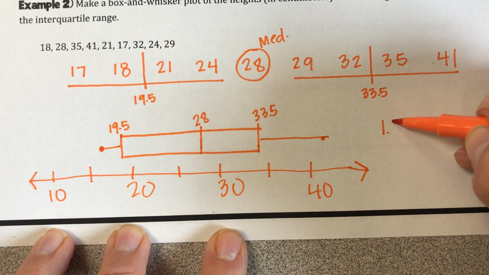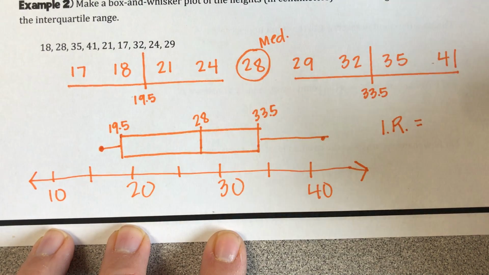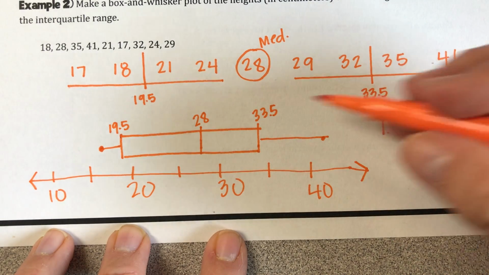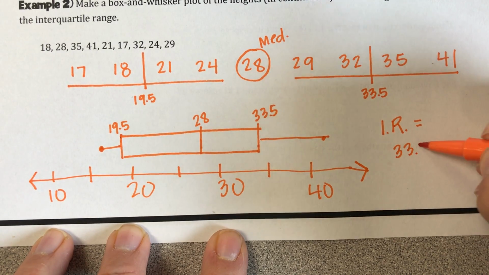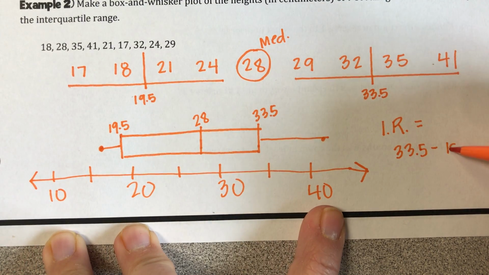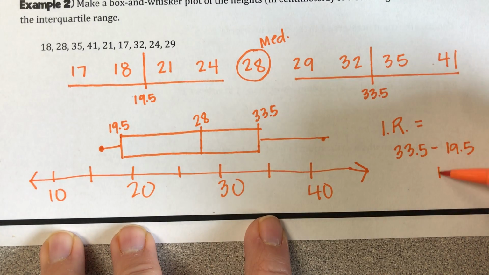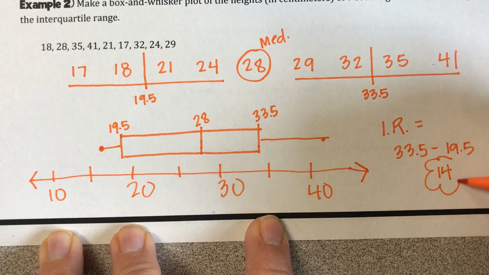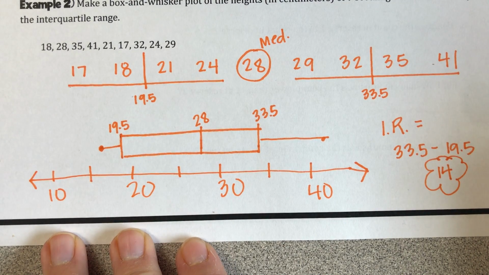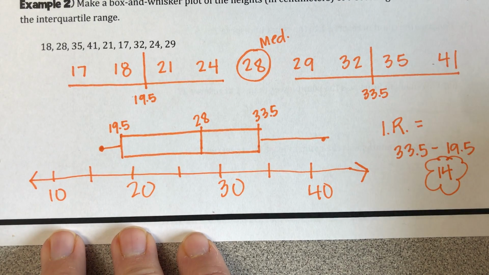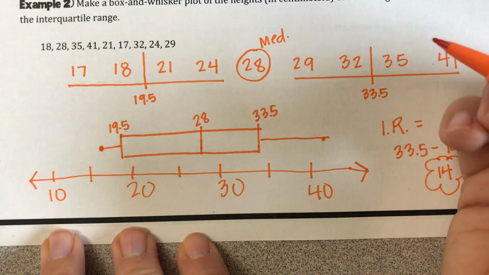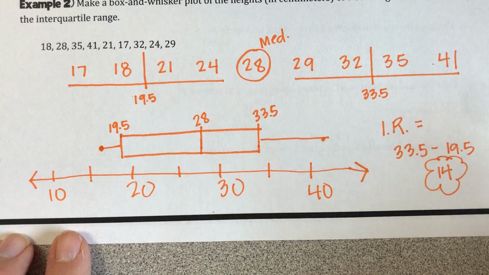And then if it asks you for the interquartile range, it's my upper quartile minus my lower quartile. So 33.5 minus 19.5 is 14. There you go. Okay, and the quartiles, I'm not sure if I went into detail about this, but it's dividing it up into quarters.